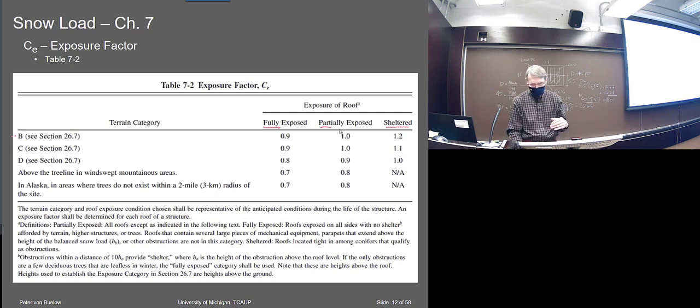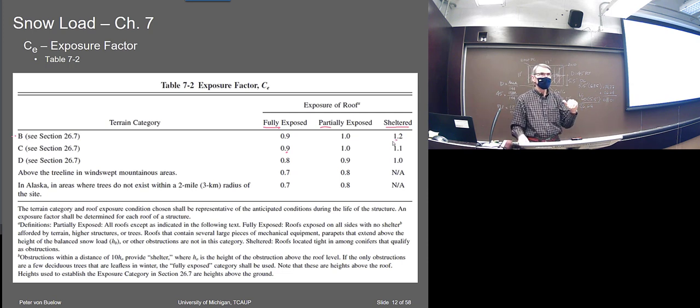And sheltered means it's totally sheltered, and I think the idea is there, let's see, no, they do. They raise it, don't they? It becomes a heavier load. See, this is blowing off, so it reduces it. In sheltered, it actually gets more.